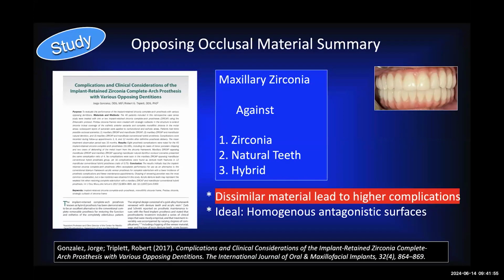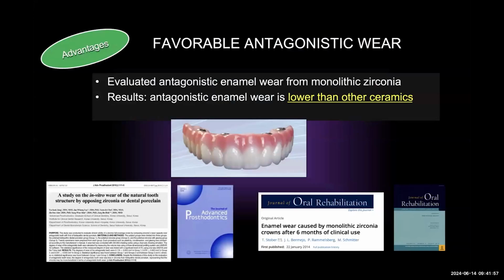That works the best. People say, okay, well, zirconia, I'm afraid it's going to wear. Well, if you look at the studies, very well polished monolithic zirconia has less wear than almost all other ceramics. Multiple studies have shown that.